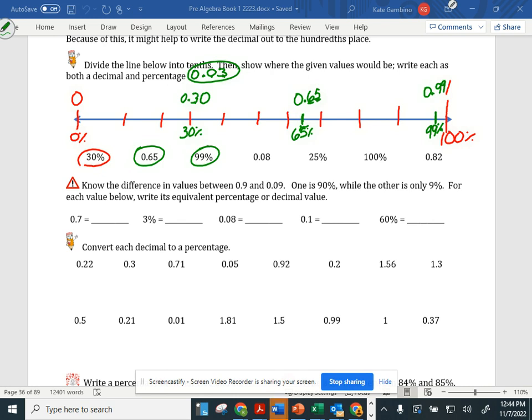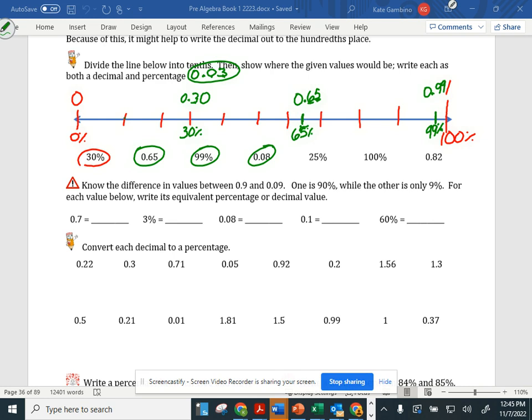So our next number is 0.08. Where would that go? Evan? Before like the 10%.